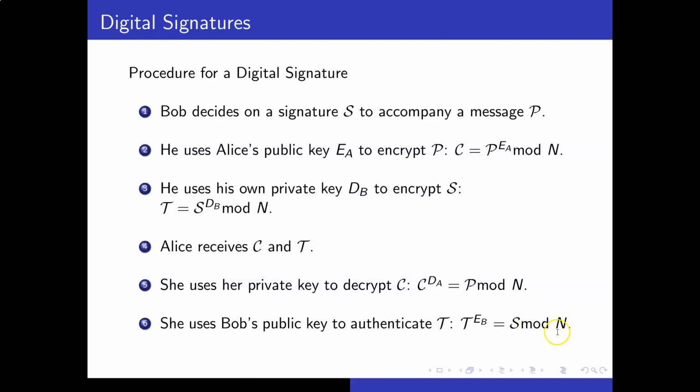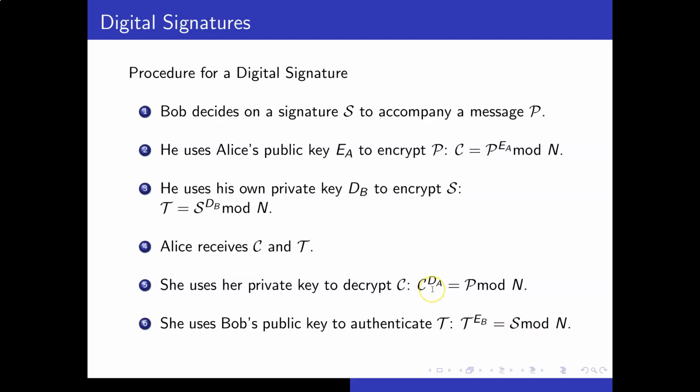Now, the advantage here, if the signature comes out and makes sense, then whoever encrypted it had to be in possession of Bob's private key. So, again, if they're maintaining reasonable security, the only person who has Bob's private key is Bob. So, if this decrypts nicely, she knows that Bob sent it and she can be certain.